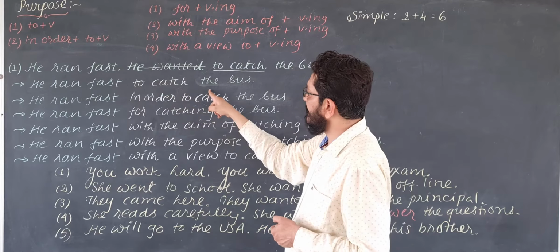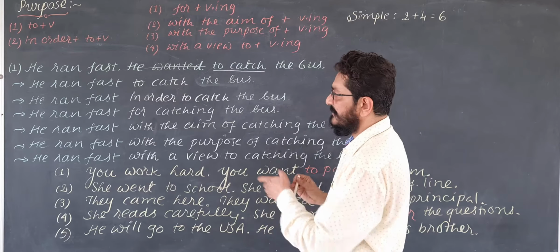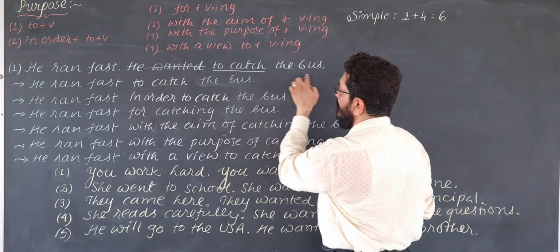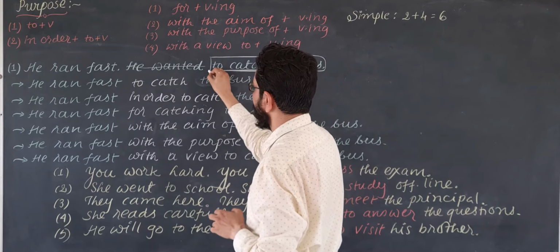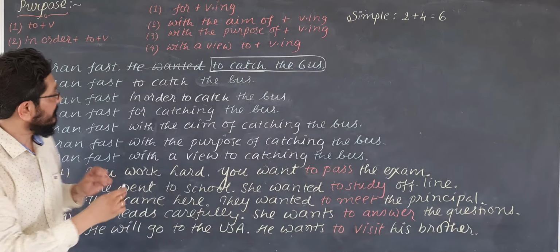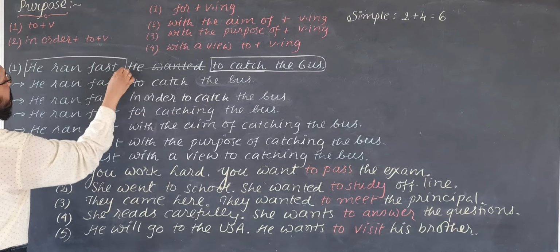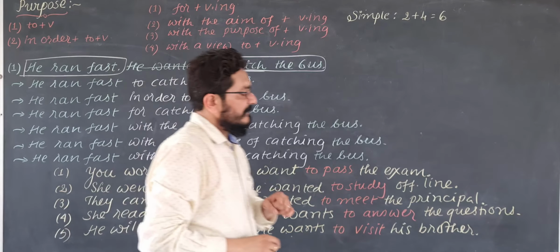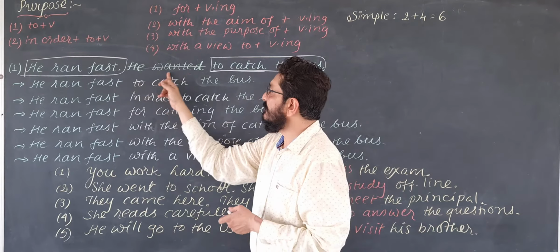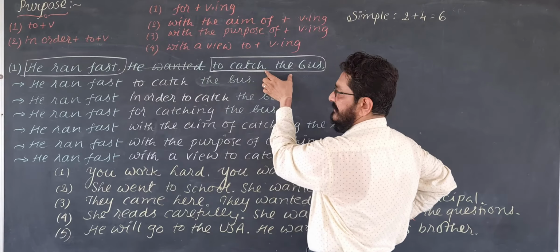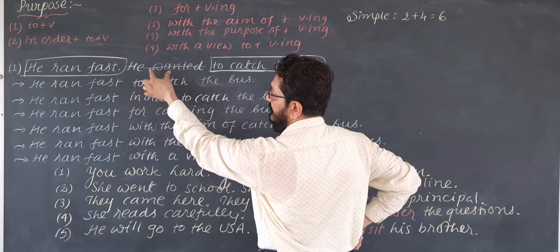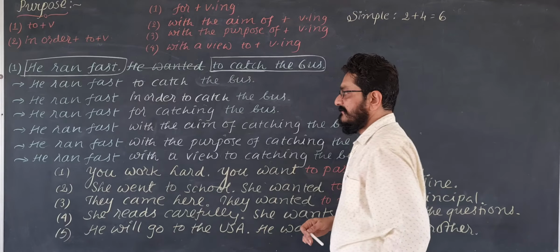He ran fast to catch the bus, he ran fast in order to catch the bus. I have selected only this portion of the sentence, and in between, from "he" and "wanted", they have been eliminated. He ran fast to catch the bus. He ran fast in order to catch the bus.